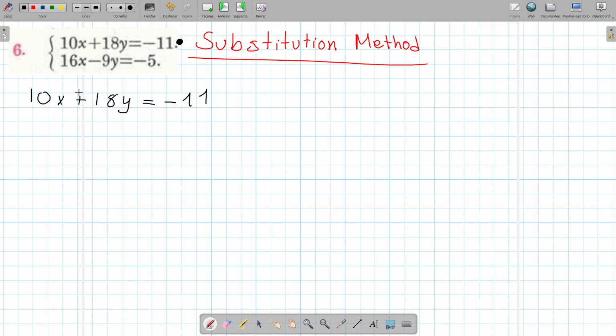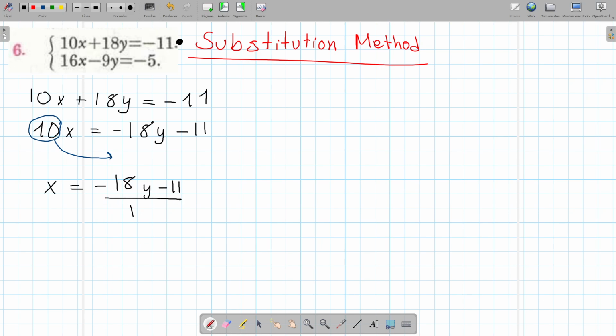In this case, I will put x alone. I know that in class we put y alone, but this time we are going to put x alone. So we have 10x equals minus 18y minus 11. Now this 10 will go and divide everything. So we have x equals minus 18y minus 11 over 10.